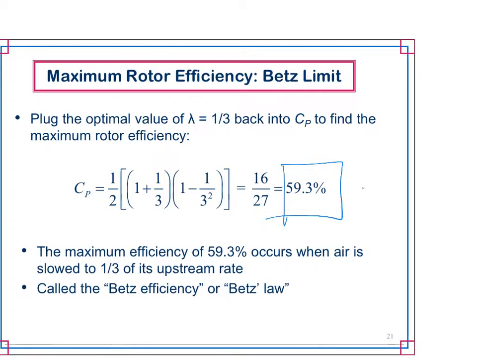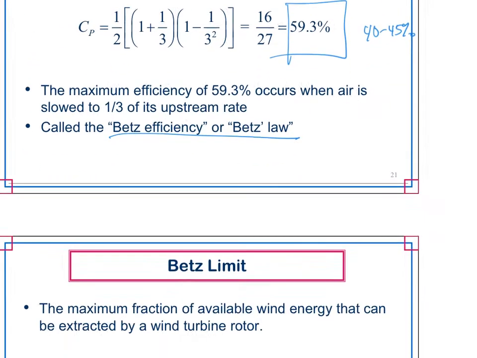That's why I said turbines today have typical efficiencies of 40 to 45%. To get to higher levels of efficiency is not practical and actually not even viable. And this is called Betz' law, or the Betz efficiency, named after the person who came up with this concept.